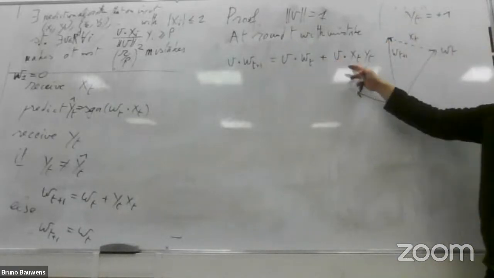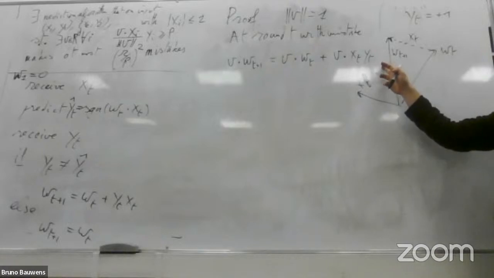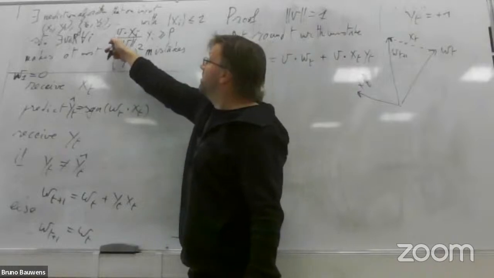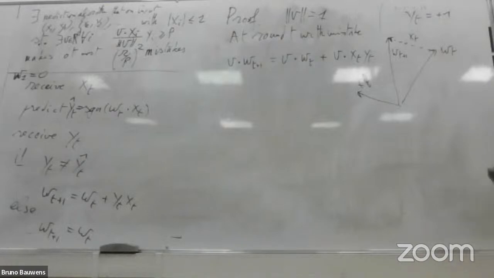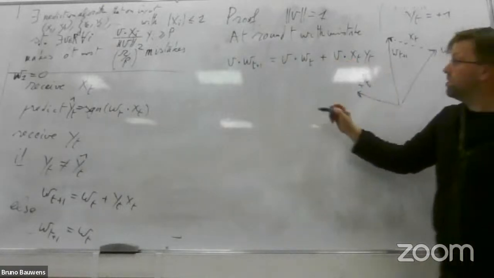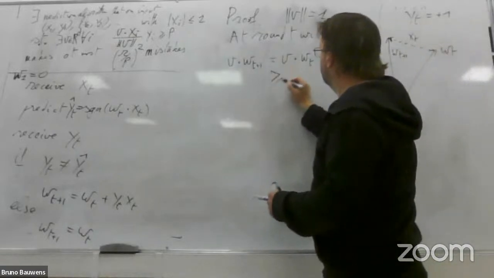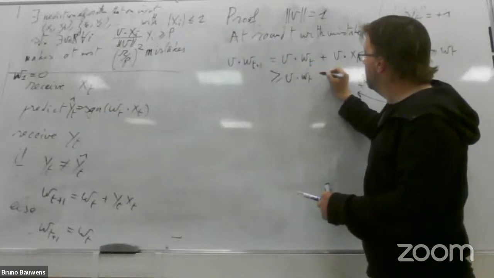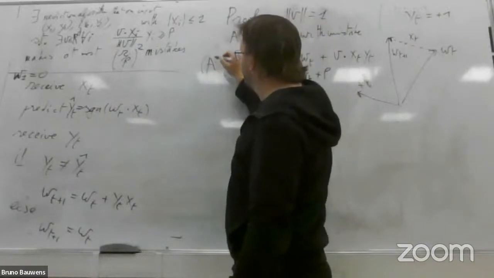What do we know about this dot product? It is at least rho, because V is a unit vector. The sign is correct, but even more, it's at least rho. So this is at least V times Wt plus rho. This is our first observation.